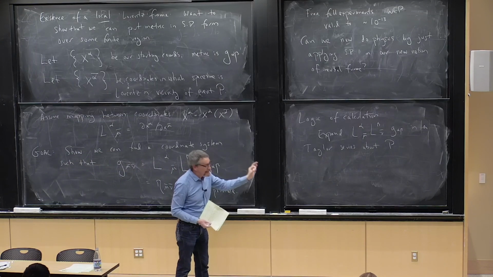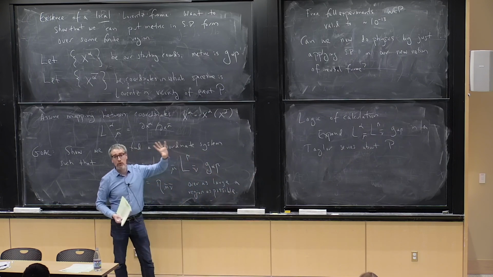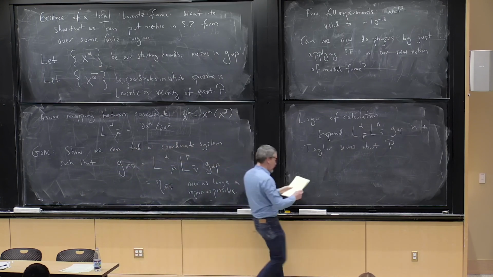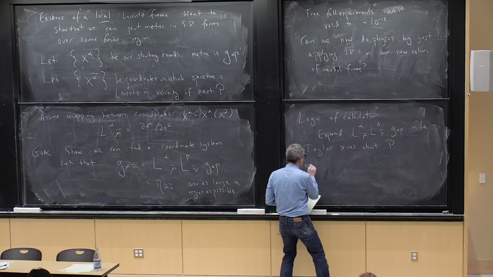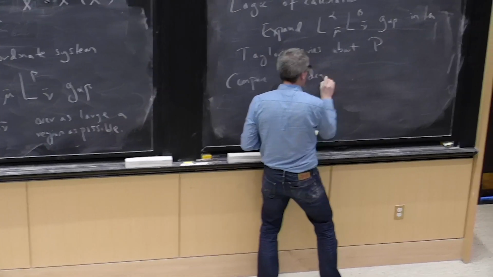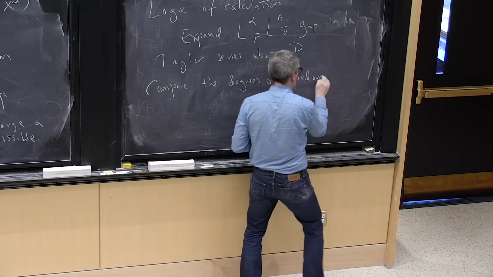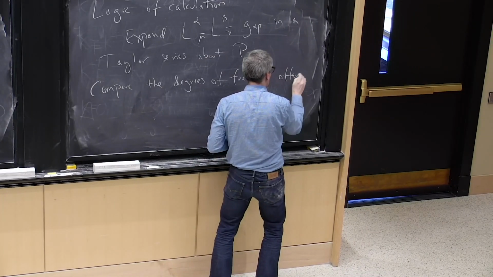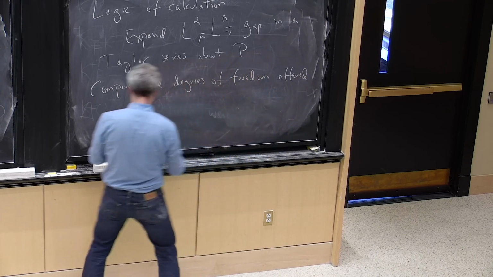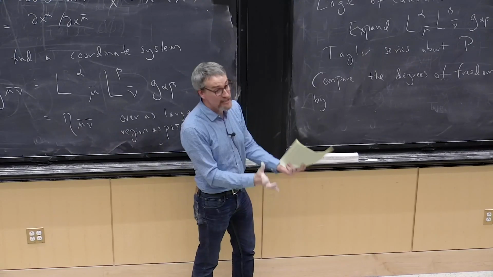So we are given the metric g, but we are free to pick our coordinate transformation to be whatever we want it to be. And so what we are going to do is compare the degrees of freedom offered by the coordinate transformation, which again I emphasize, we are free to make whatever we need it to be.